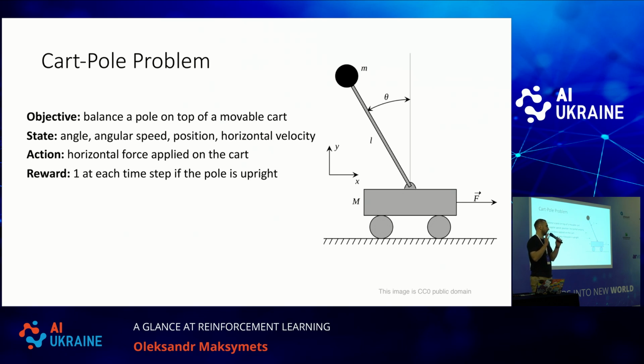Otherwise, it stops the episode and says, okay, I'm done. So the goal of the agent is to hold this pole as long as possible, in the best case, for 100 steps. And then the sum of all these accumulated rewards will be the score of your model on this problem.